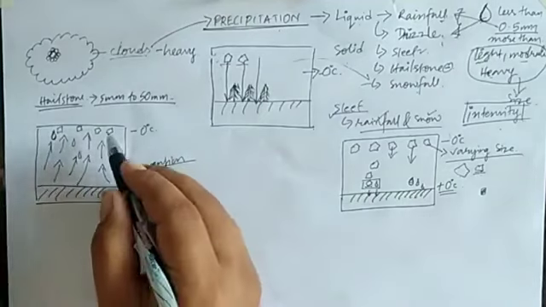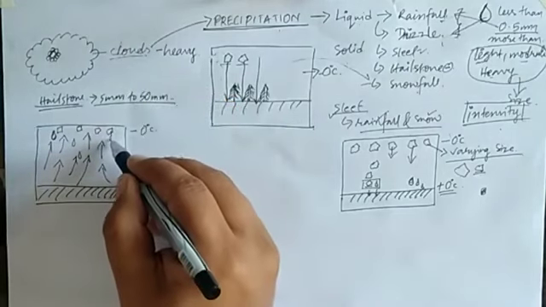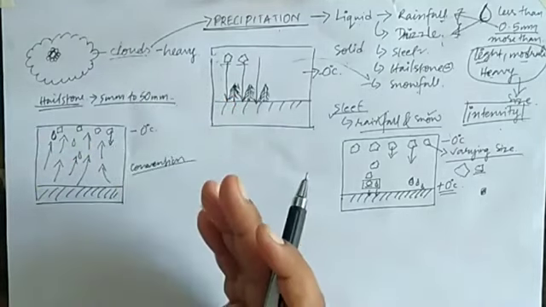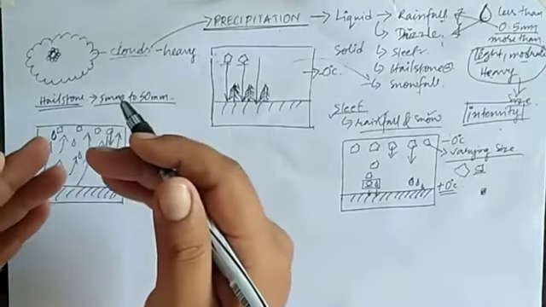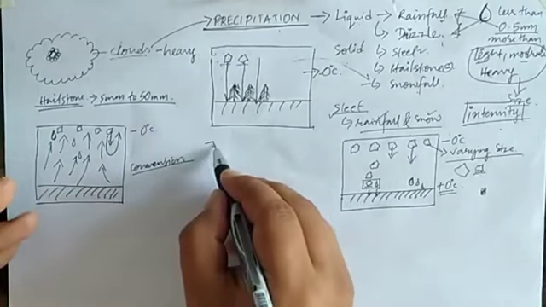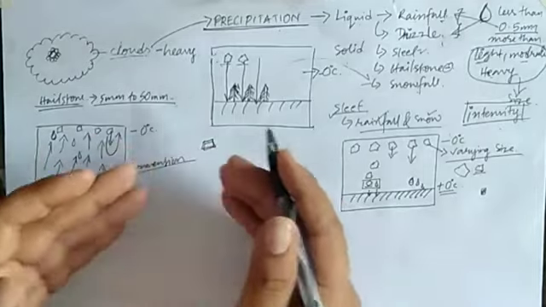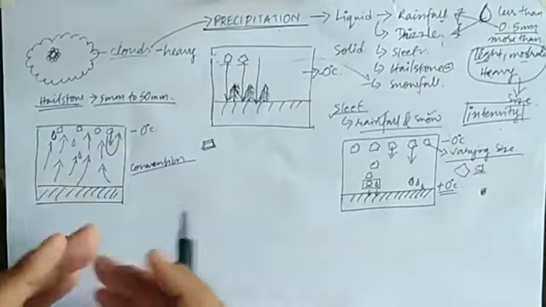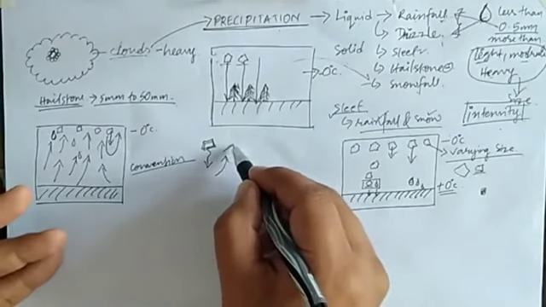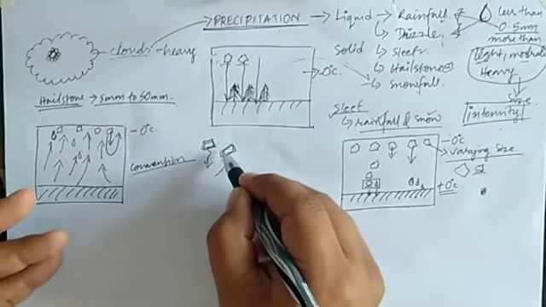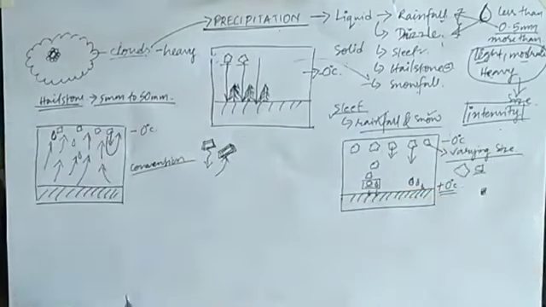Now those ice crystals, due to the force of gravitation, will fall down again. But the convection current will again raise those ice crystals above. There, another layer of ice will be deposited over that layer. Again it will fall down, and again due to the convection current it will be raised above, and another layer of ice will be deposited on it.